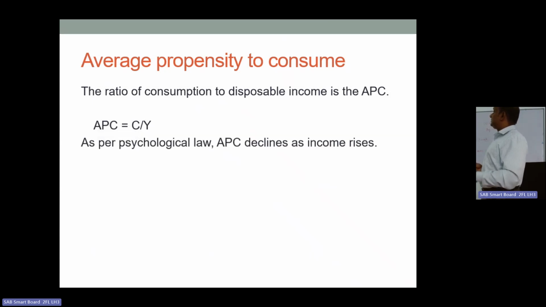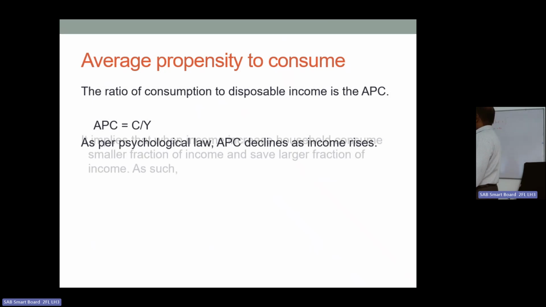Now, the consumption function. As mentioned in the fundamental psychological law, what happens when income increases? Consumption also increases. As income increases, APC decreases. When Y increases, APC decreases.